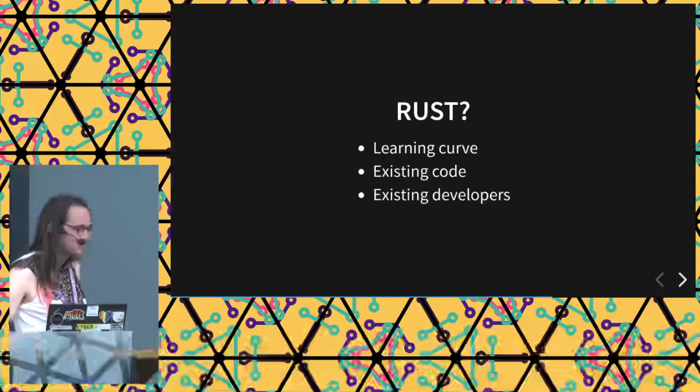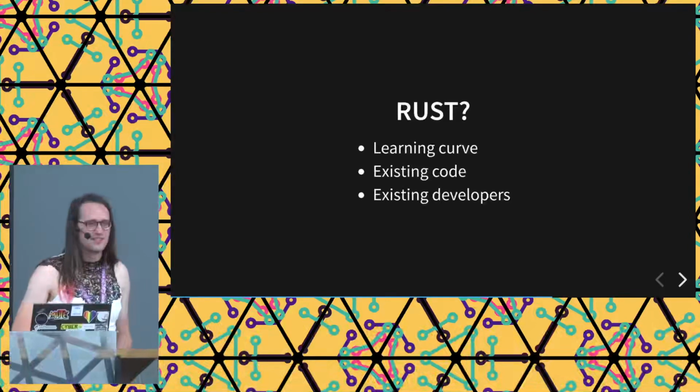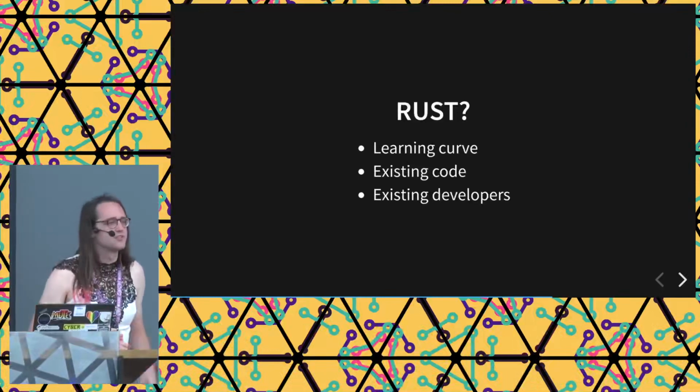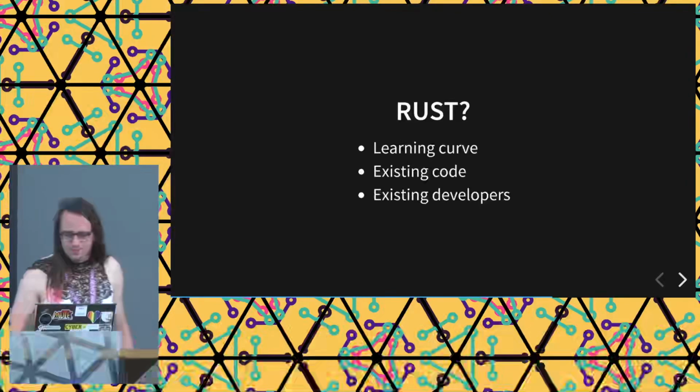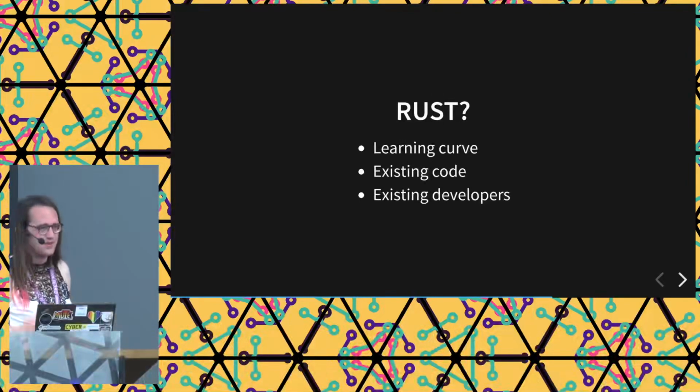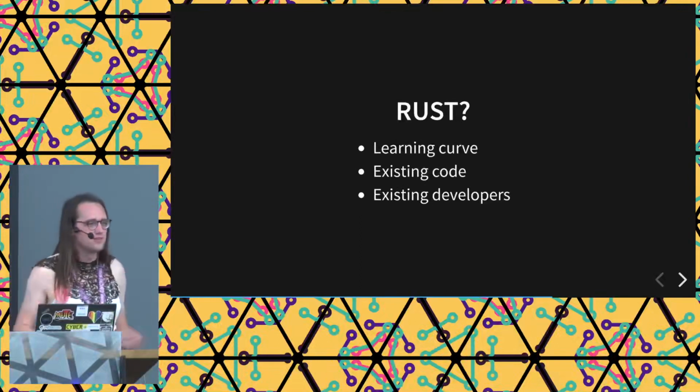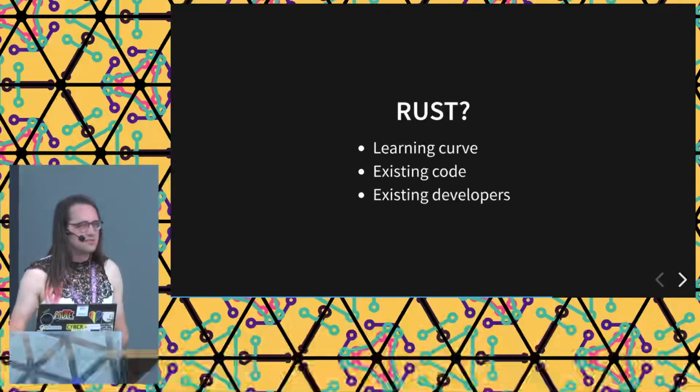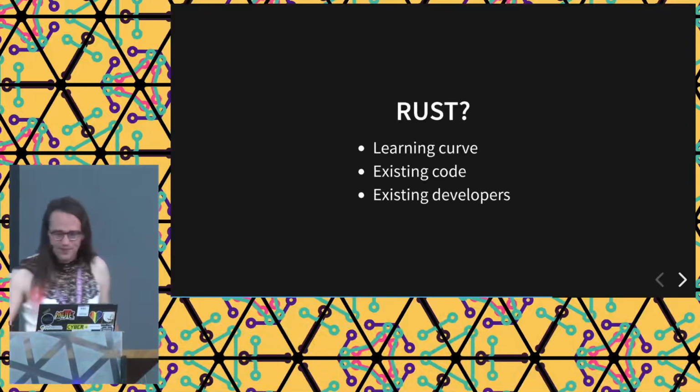One contender is, of course, Rust, and I think it's a very good language for programming microcontrollers, especially for safety-critical systems. But there are some reasons why you might not want to use it. For example, it has gotten a lot better over the years, but it's still a little bit hard to learn.